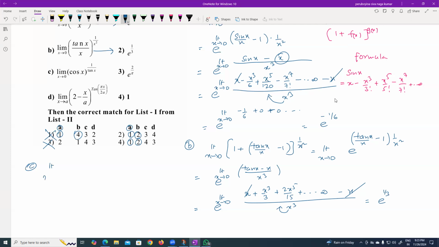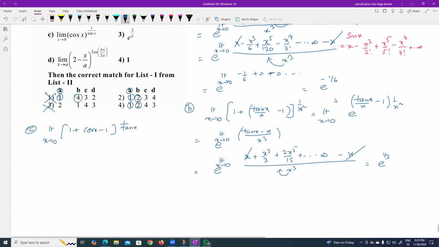So limit x tends to 0, add 1 and subtract 1, and whole power 1 by 10x. Using the same method, e power limit x tends to 0 of (cos x minus 1) into 1 by tan x.